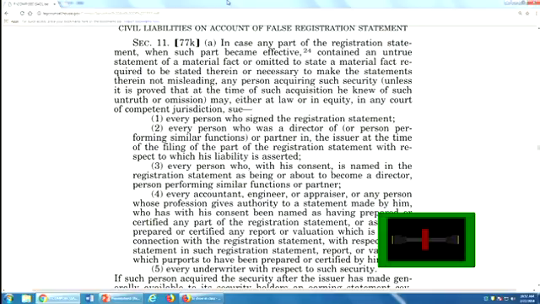No. So even though the rule is that underwriters have the privilege of relying on experts for the expertise portion of the registration statement, it turns out that they still need to undertake some kind of reasonable investigation of red flags that might pop up.